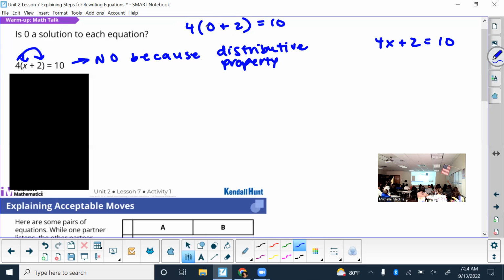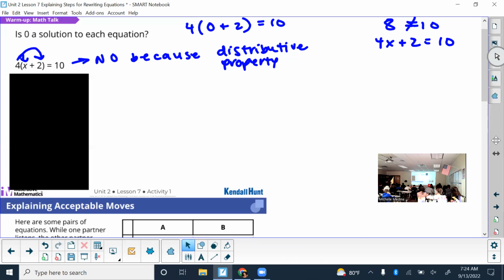What should you do first? Well, what's the very first letter? Parentheses. So you do 0 plus 2, which is 2, and then the 2 times 4, which is 8, so we get 8 equal to 10. No. All right. Good.